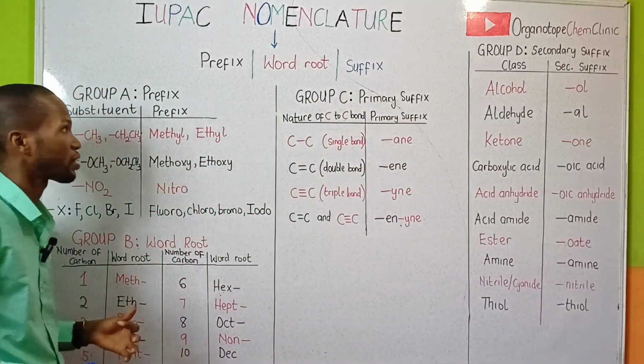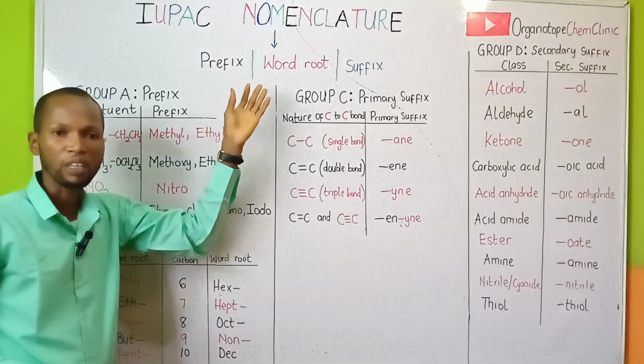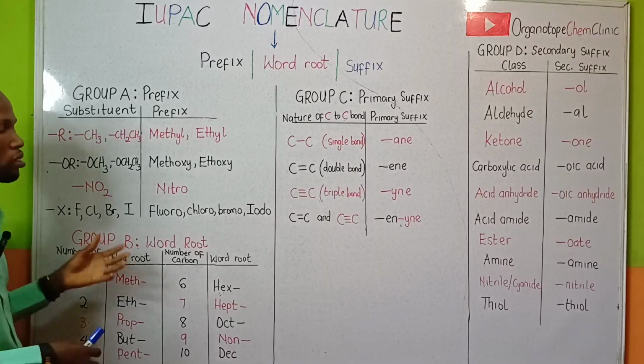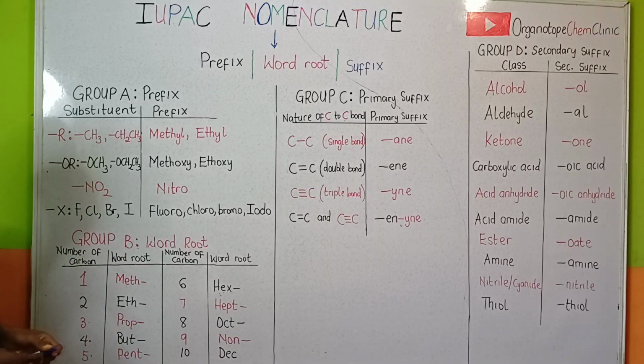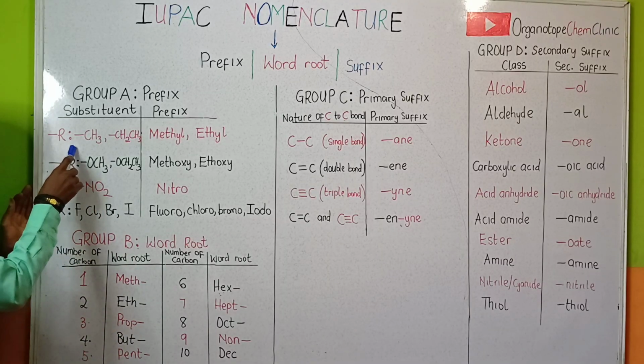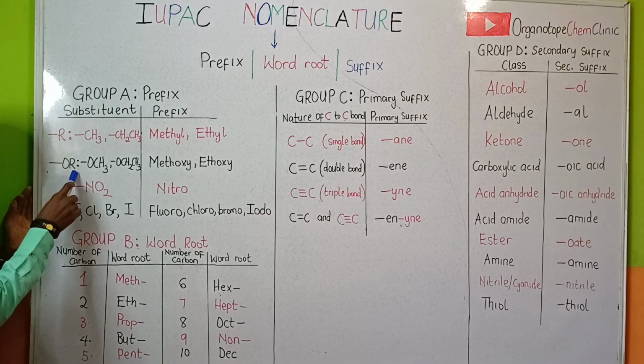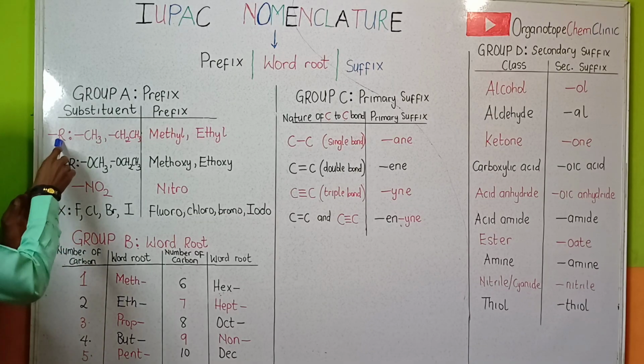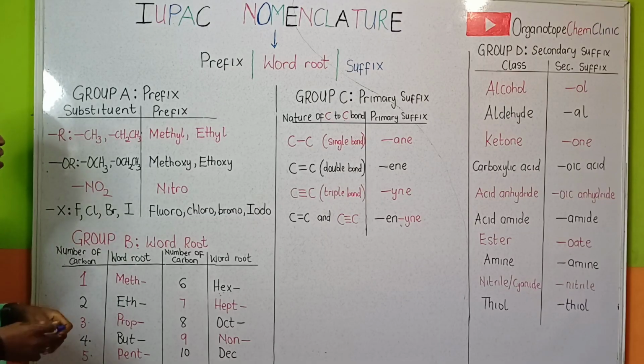The prefix, which we have in group A, includes the substituent attached groups, which include the alkyl group, the alkoxy group, and the halogen. Let us take the alkyl group right here.